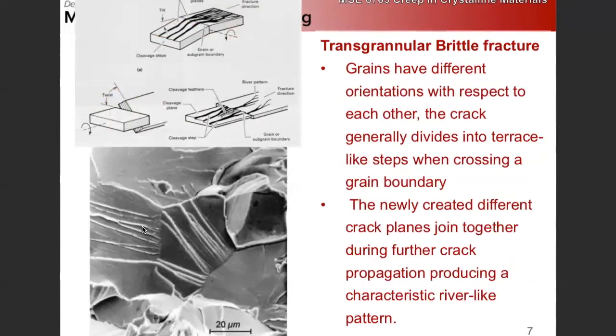So we can see how this looks, right? And for a tilt boundary, in this case, our fracture path is going this way, or a twist interface, our fracture path is going this way, right? And these steps are all 100 type, right?